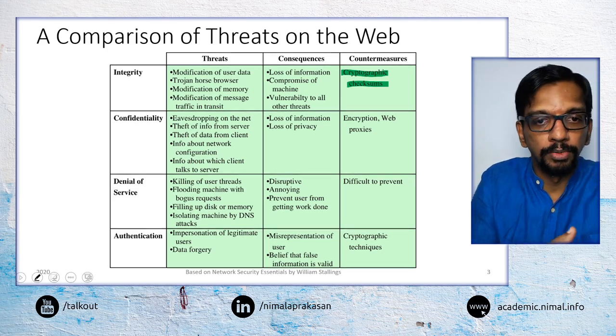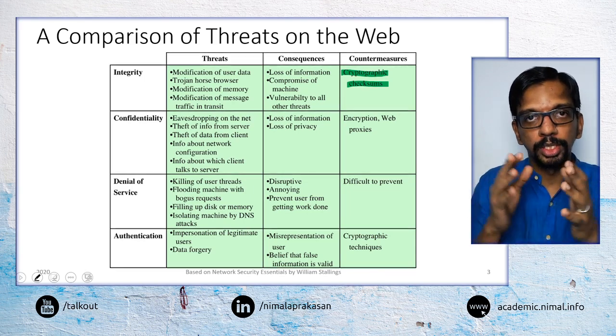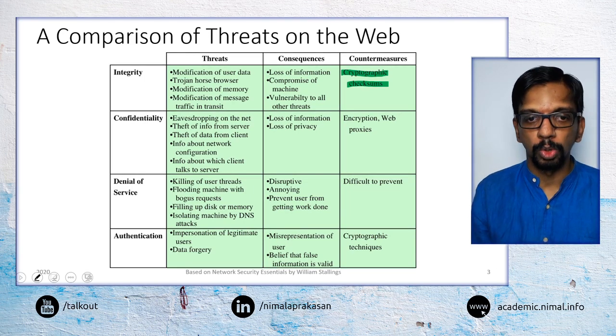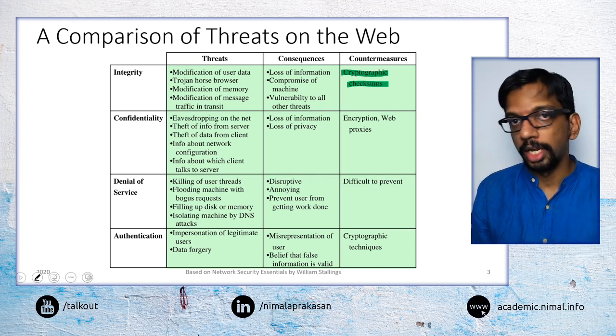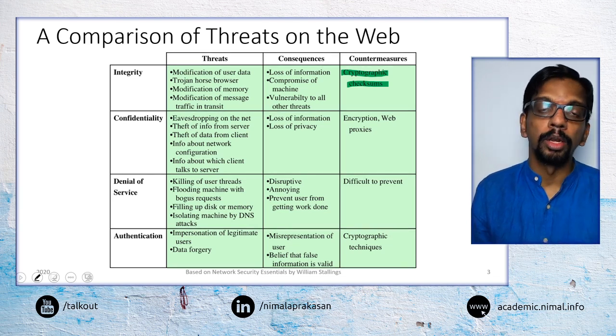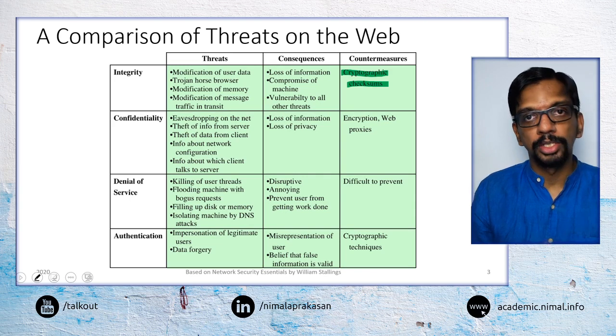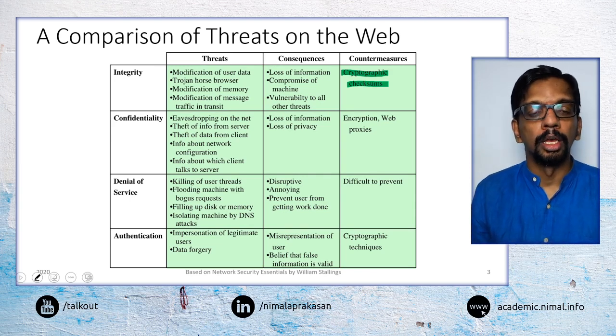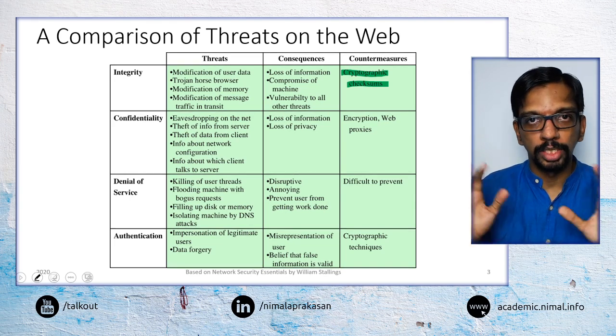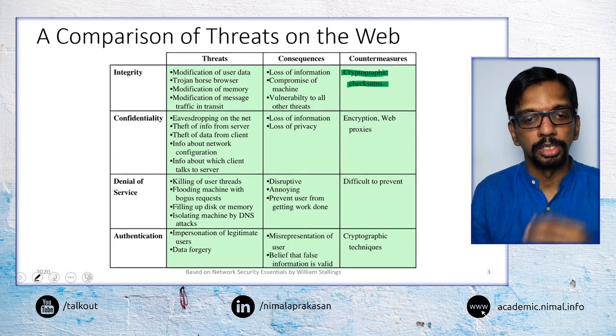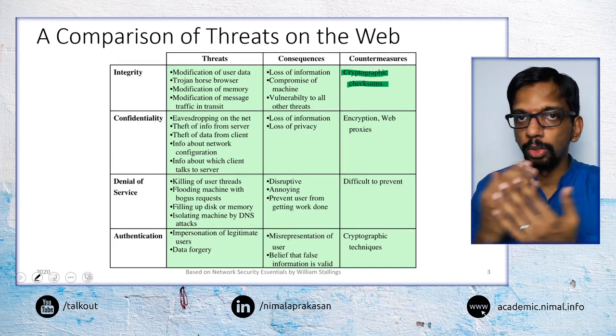So similarly, confidentiality, we don't want information to be exposed to people that we don't want them to. And threats can be people listening in on the traffic from the client side, from the server side, sometimes even knowing the information about the network configurations, clients and servers, and who are talking to each other.